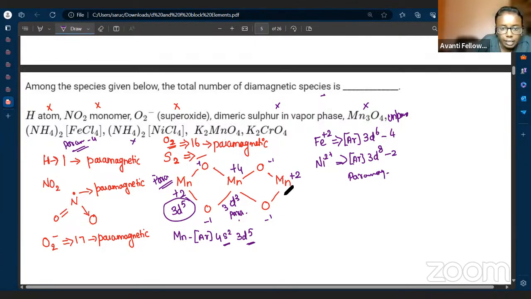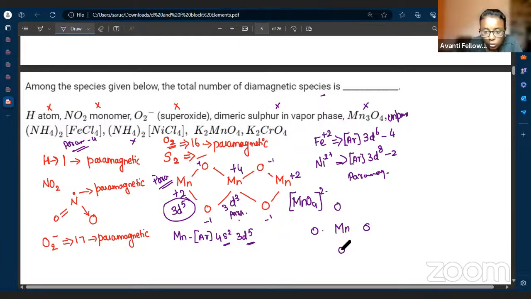Now moving to K2MnO4. Can I write it as MnO4 2 minus? Now draw the Lewis structure. Mn has 4 oxygens, with double bonds, single bonds and negative charges.